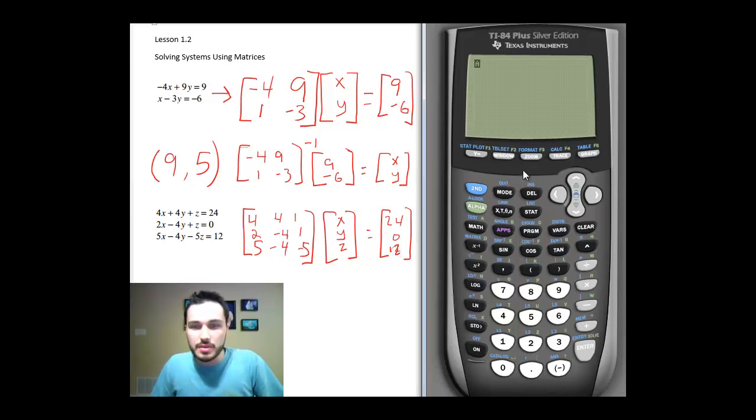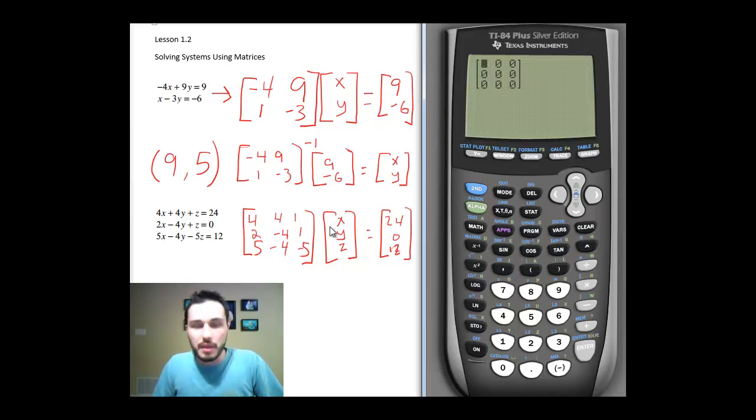But what is important is coming over here, and this time we're not making a 2 by 2 or 2 by 1. This is three equations with three variables. So I've got 1, 2, 3 rows, and I've got 3 columns. And so we change that to 3 by 3, hit enter, and okay, look, this matches how I wrote it by hand.